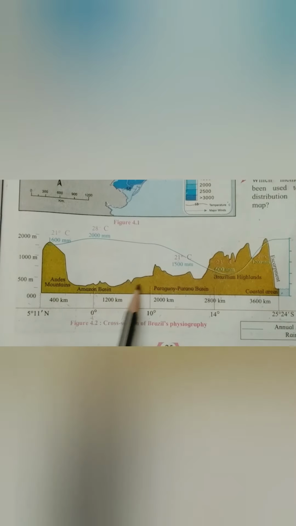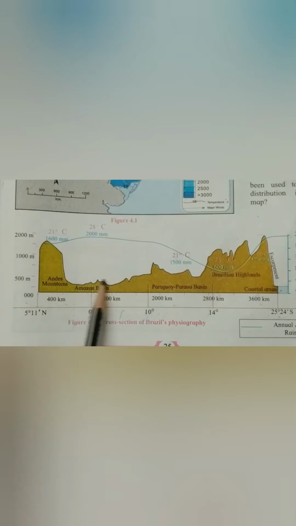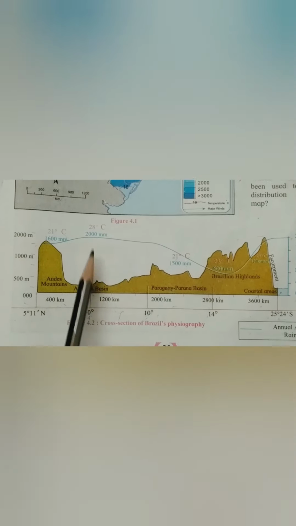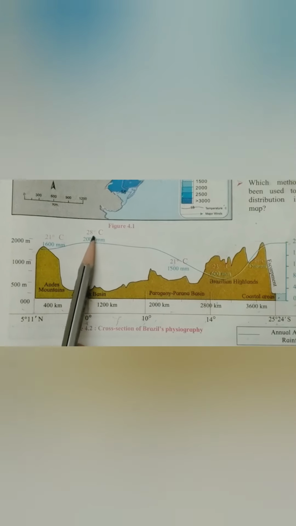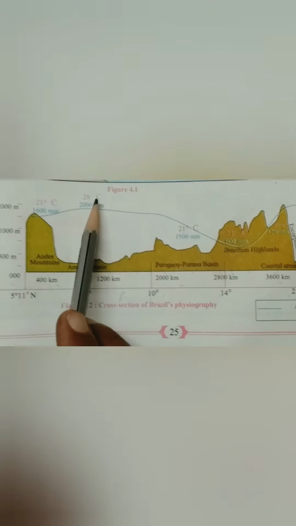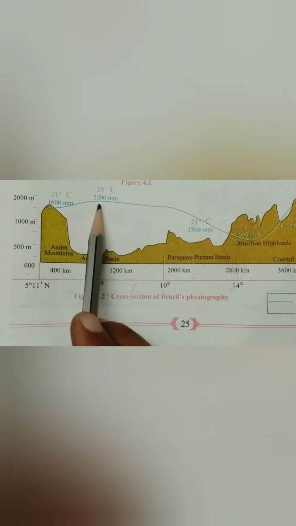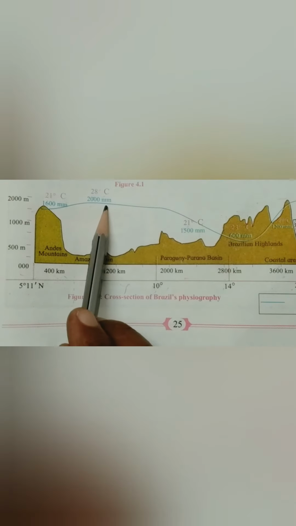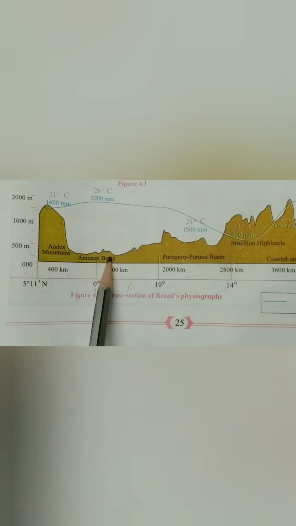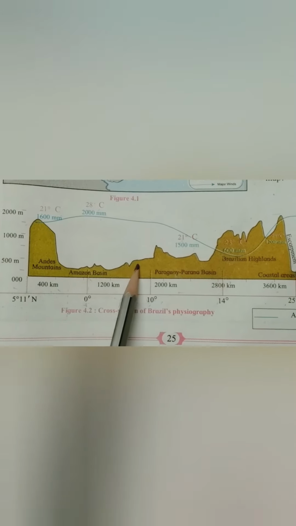Now the Amazon River Basin falls in the equatorial region, and therefore the temperature over here is 28 degrees Celsius, very high, and hence this region receives heavy rainfall, up to 2000 mm. It rains throughout the year. Every day it rains.